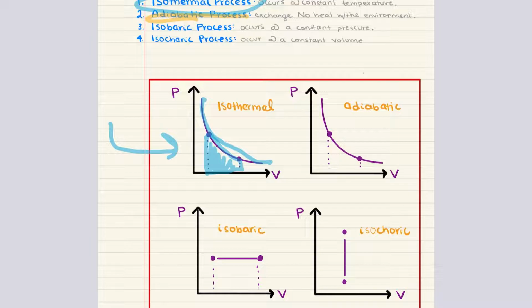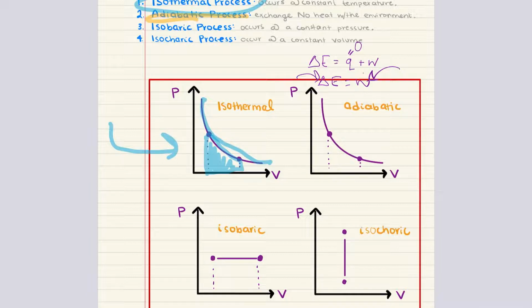And that's easy to understand because the change in energy is equal to heat plus work. But in an adiabatic process, there is no heat change, so Q is equal to 0. Therefore, delta E is equal to work. That means that as a result, the change in the system's internal energy is solely due to the work that is done by or on the system.